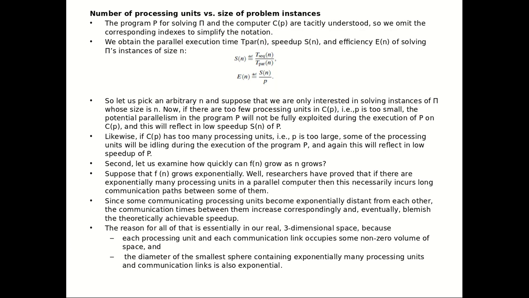Similarly, if C has too many processing units and P is too small, some of the processing units will be sitting idle during the execution of program P, and again this will reflect in low speed up of P.